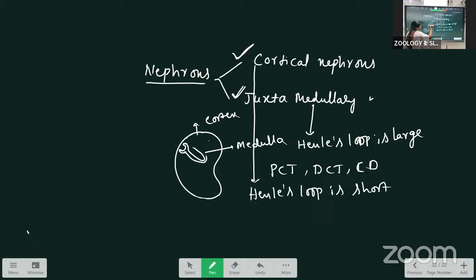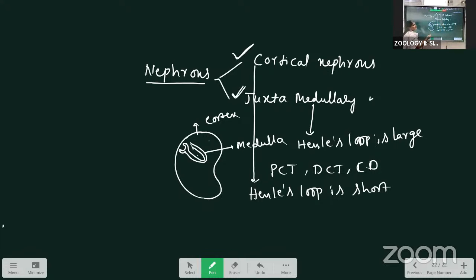Mostly the Henle's loop is large, so most of the part is inside of the medulla. That's why we call them juxtamedullary nephrons. They have a large Henle's loop.